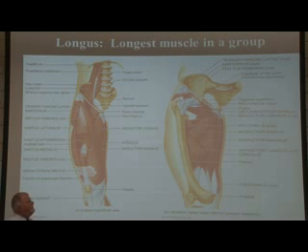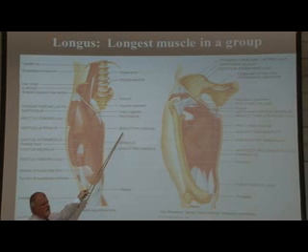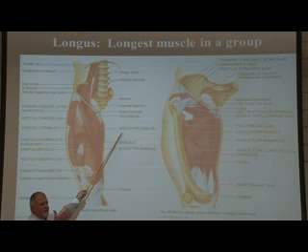So we have three muscles in our leg that bring our leg toward the midline. So that action of bringing a body part toward the midline is an adduction. Okay. So what we're going to have then are three muscles that use the word adductor. So we're going to use action of the muscle.